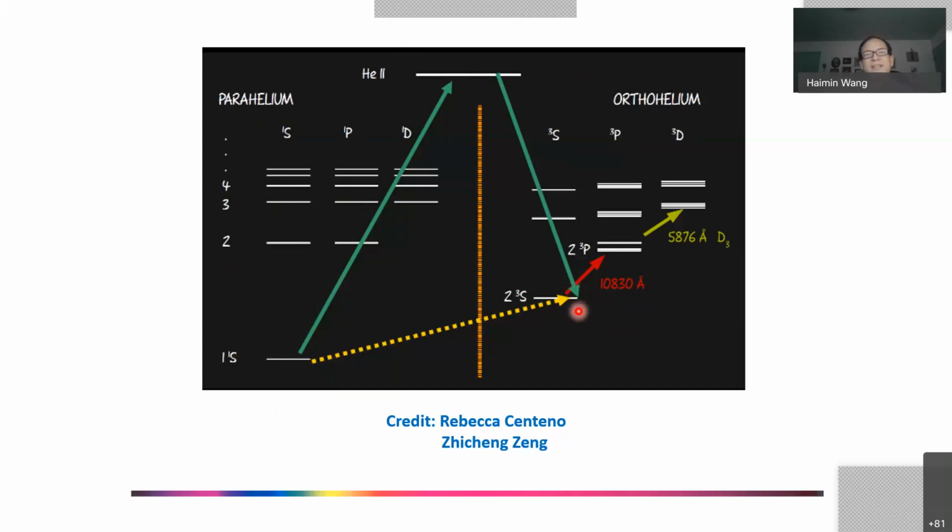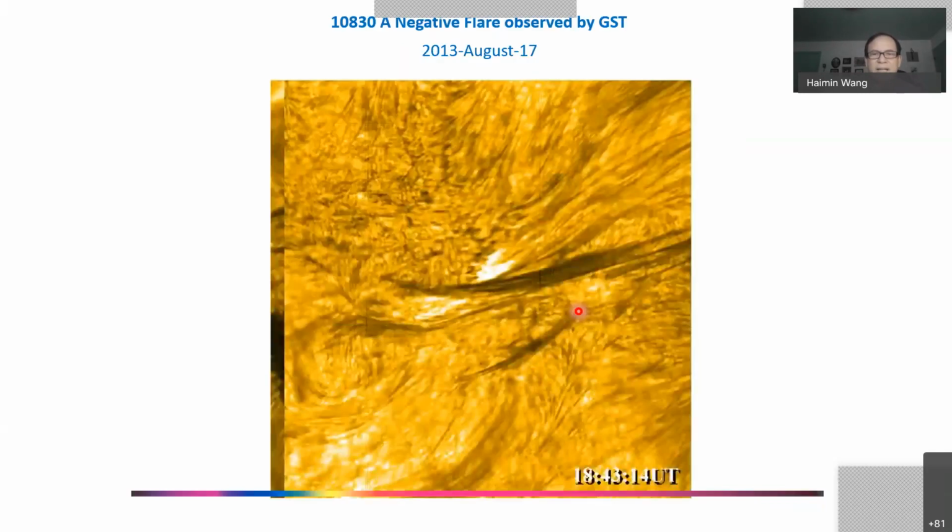The ionization can be done in 2 processes. One is by collision, the other is by heating in ultraviolet, by photoionization from the ultraviolet photons.